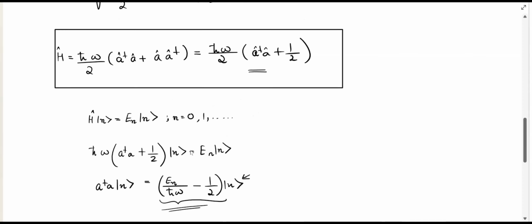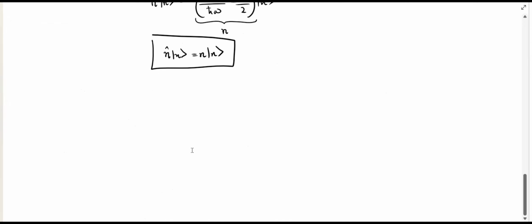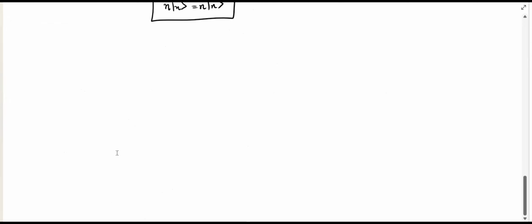So we have reviewed these simple basic things about the quantum harmonic oscillator. There are a few important notes before we move ahead. The first thing is that the energies are quantized in the quantum harmonic oscillator, unlike that of the classical harmonic oscillator.